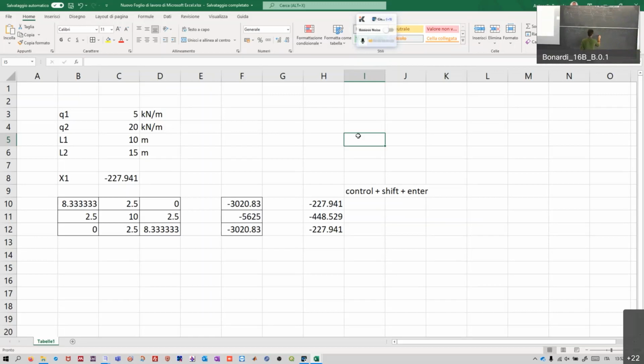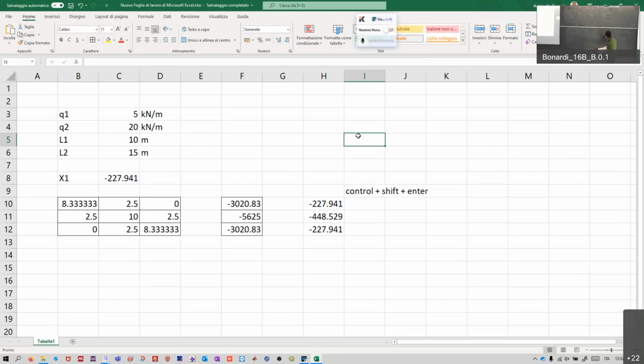Now, the bending moment. The bending moment is computed finding the moment of all the forces with respect to this node. We have no contribution of shear force or axial force. We only have VA and Q1.